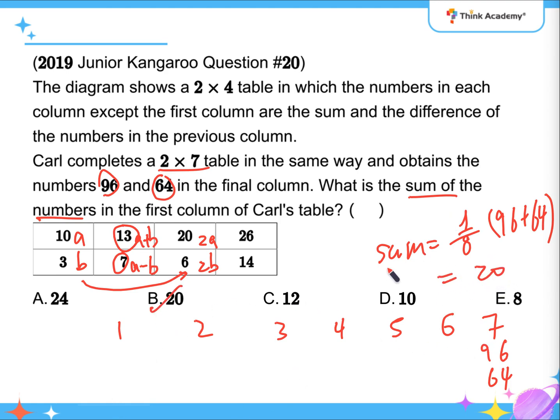All right, so B is the answer. If you don't believe me, of course, you can just trace it back step by step and see if that works. I'm not going to stop you from doing that, but it's the easier way of solving this question once you discover the pattern. So that's question 20.